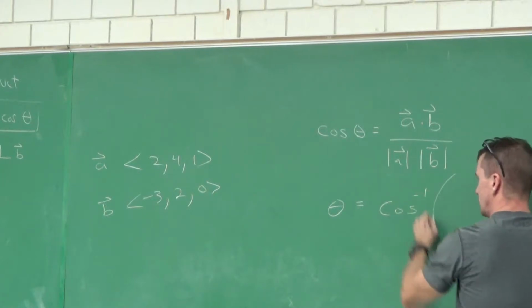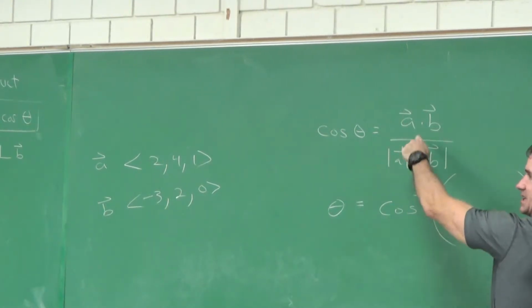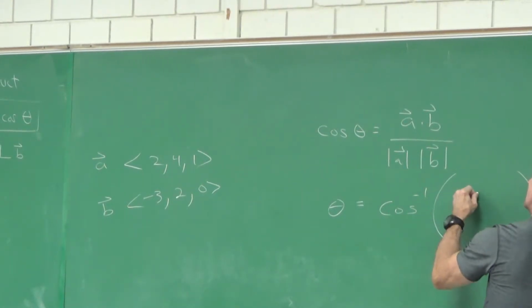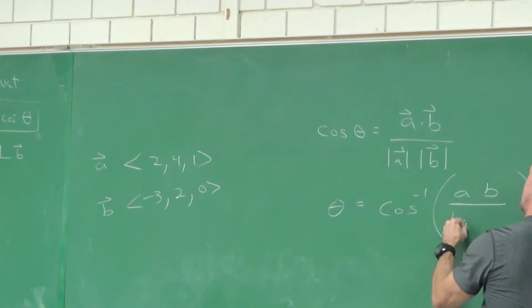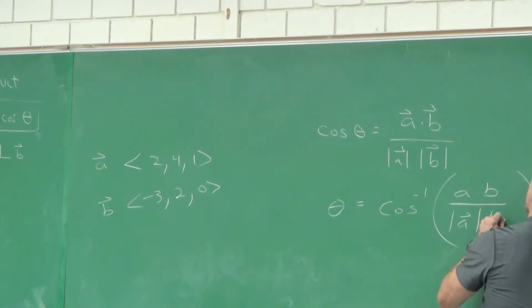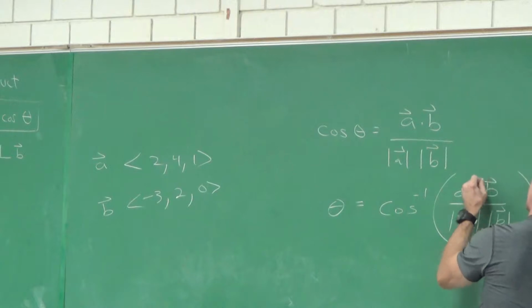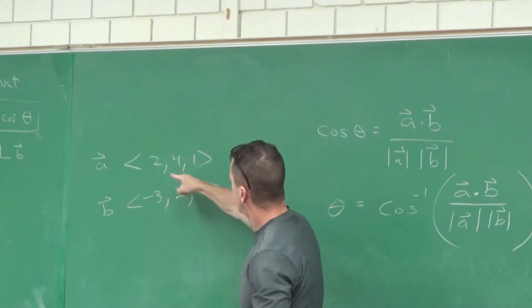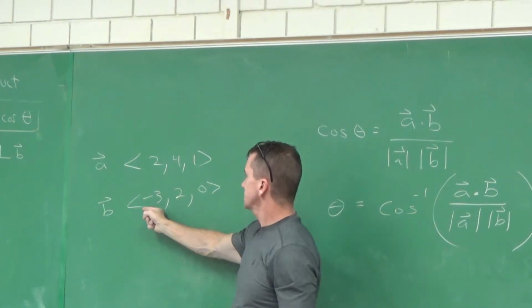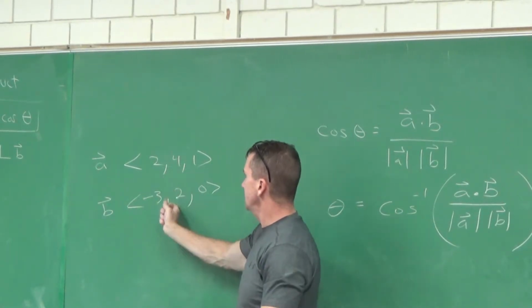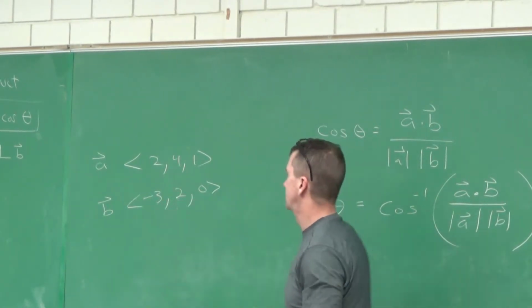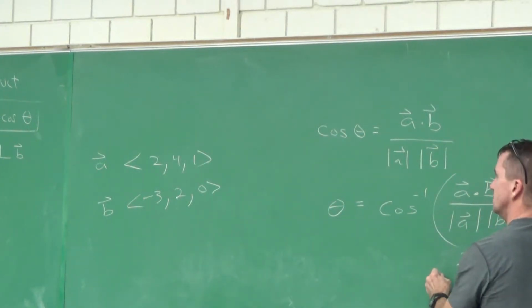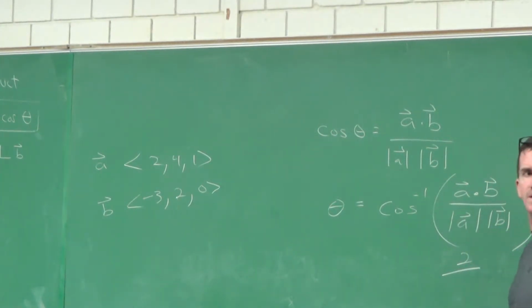Very good. Let's start out. What is A dot B? -6 plus 8 plus 0, that's 2. Does everyone agree for A dot B?